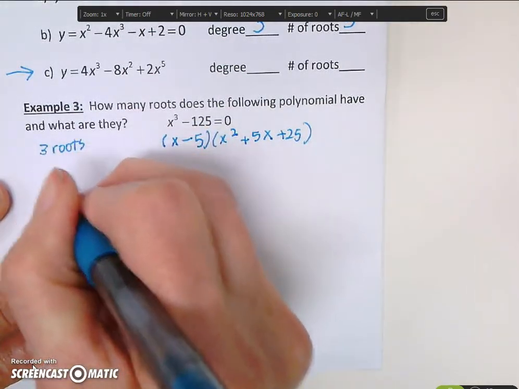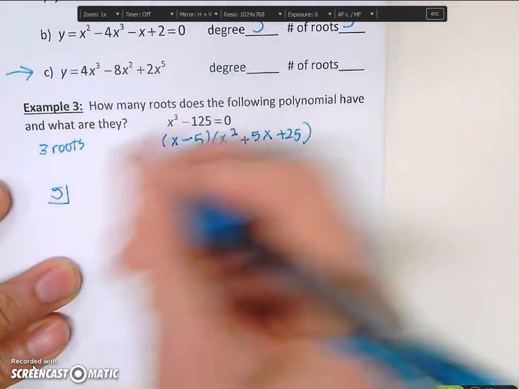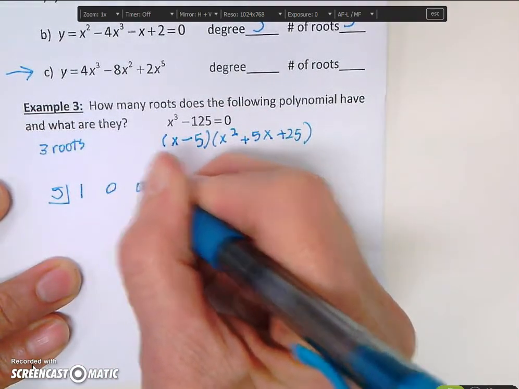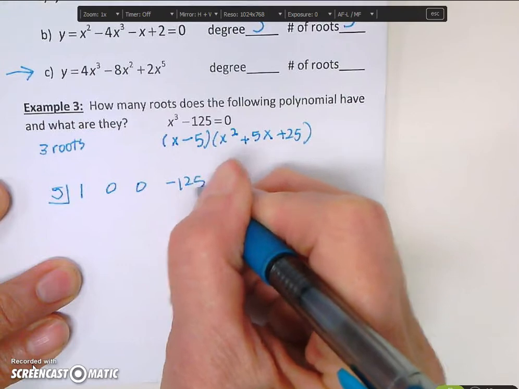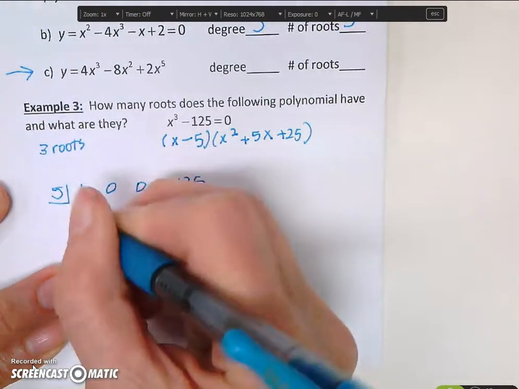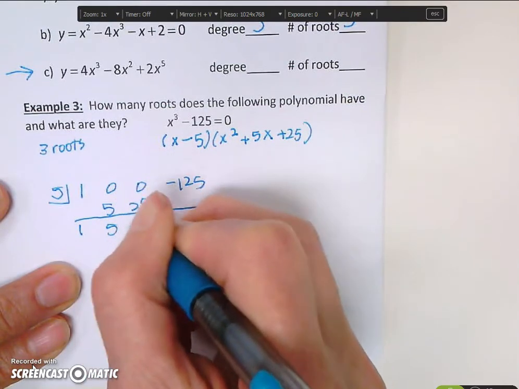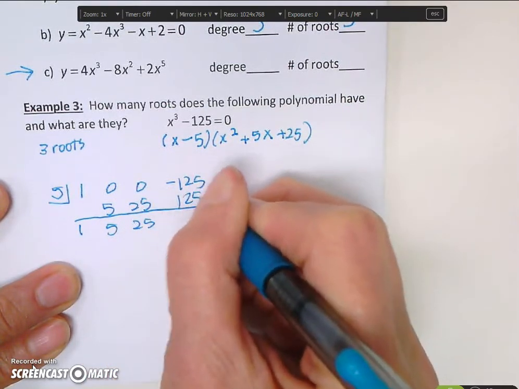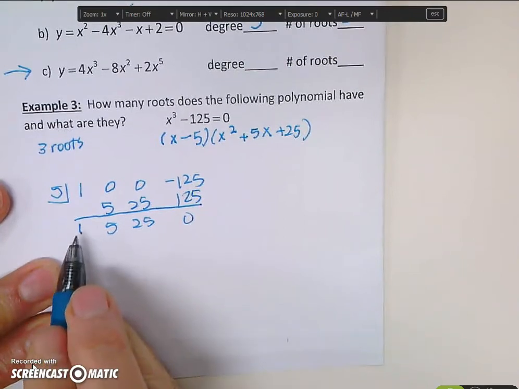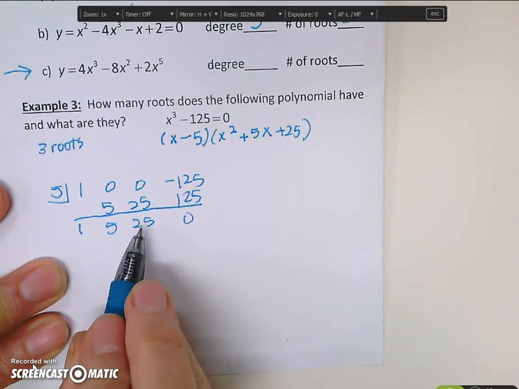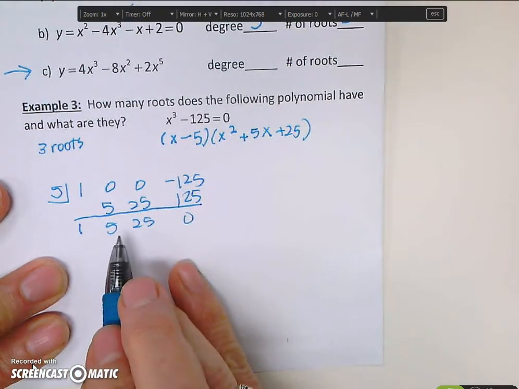So I'm going to do 5, and I'm going to divide it into this. So I've got a 1. Oops, I'm missing an x squared, so there's a 0, an x, and then minus 125. And then when I come down and do this, this gives me 1, 5, 5, 25, 25, 125, and 0. And there you see my x squared plus 5x plus 25. So if you don't remember this, now you can figure it out.